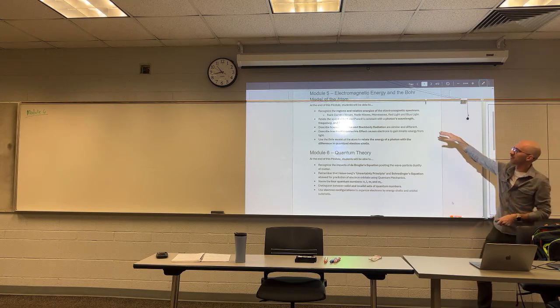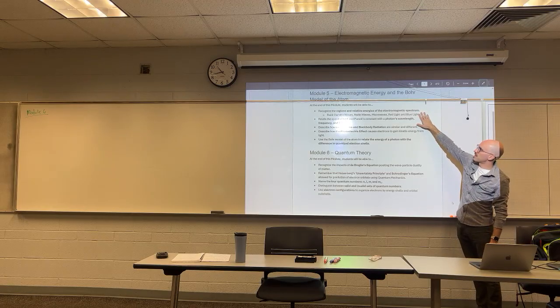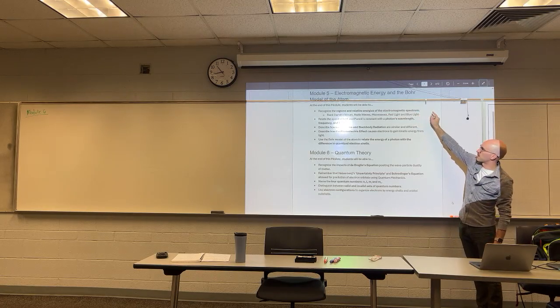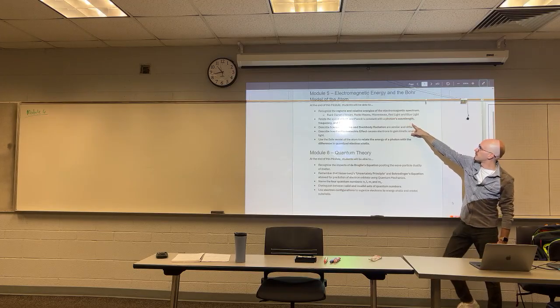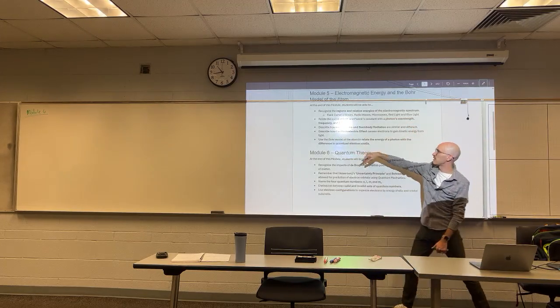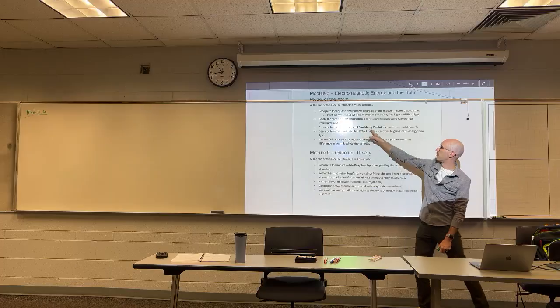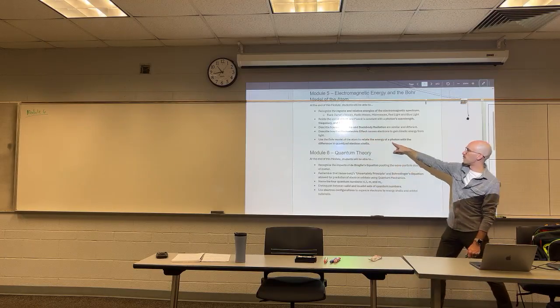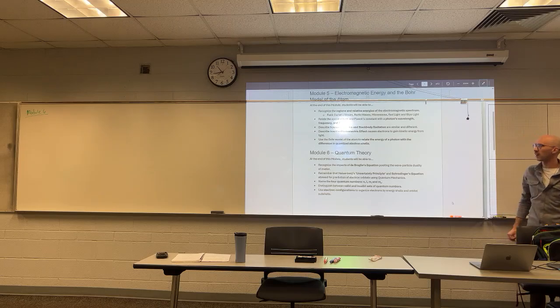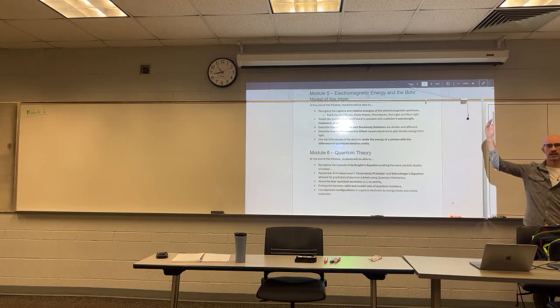What we just did was recognize regions and relative energies of the electromagnetic spectrum. Relate the speed of light and Planck's constant with the photon's wavelength, frequency, and energy. Describe line spectra and blackbody radiation. Describe the photoelectric effect. Use the Bohr model to relate the energy of a photon with the difference in quantized electron shells. That's what we've just finished up. And we're moving into quantum theory.